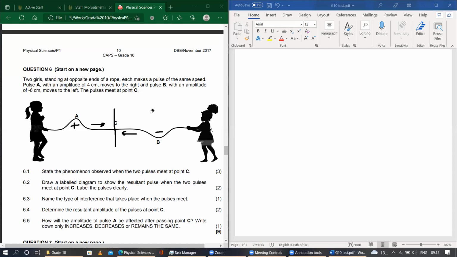Once you look at the directions of the waves, you already know it's destructive interference, because A is positive and B is negative. Then you have to look at the magnitudes too, so you can find out what the resultant pulse is going to be.